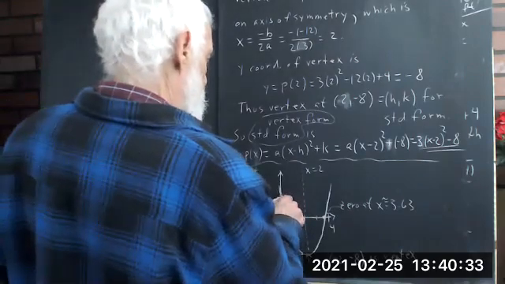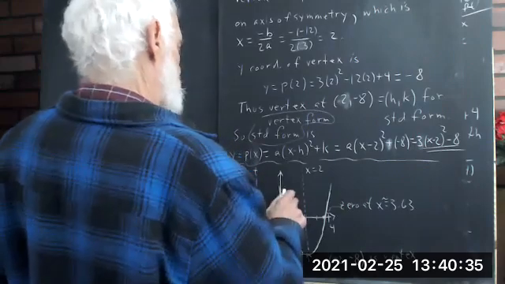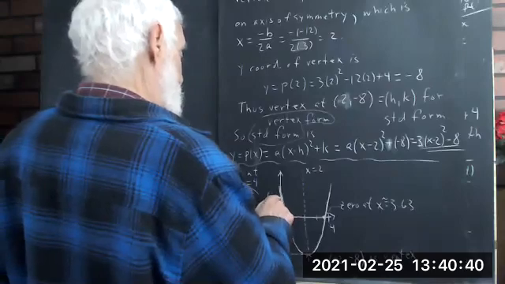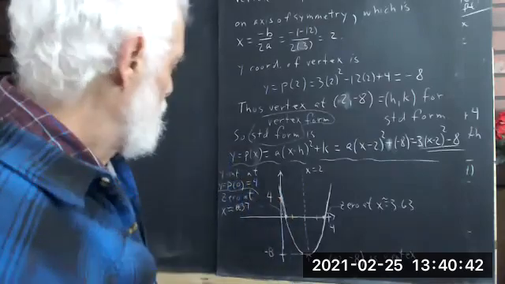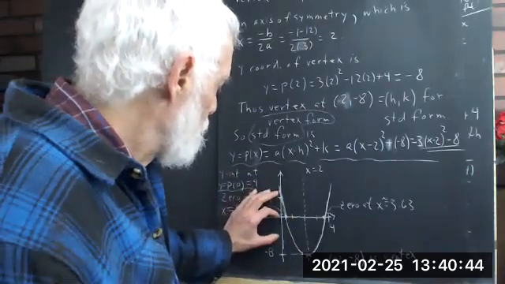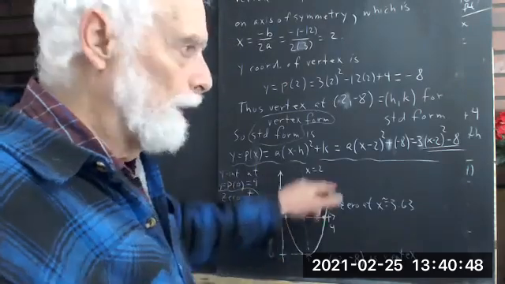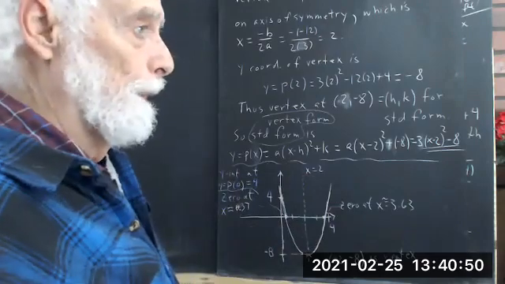So this should be 4. Now that actually turned out quite well. That's 4, then 1, 2 of those gives us 8 units here, and everything is nice and consistent.